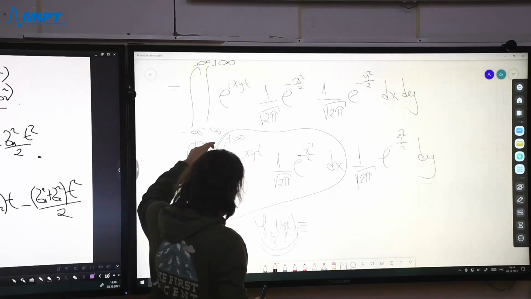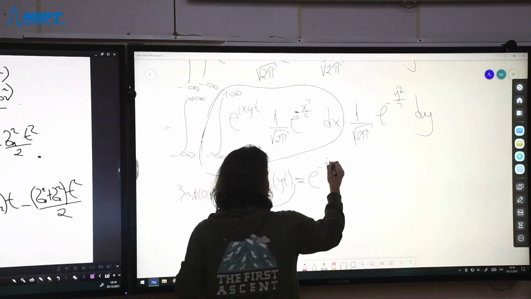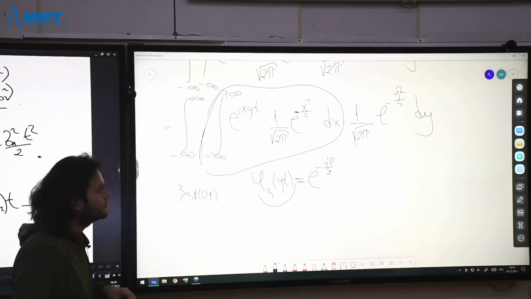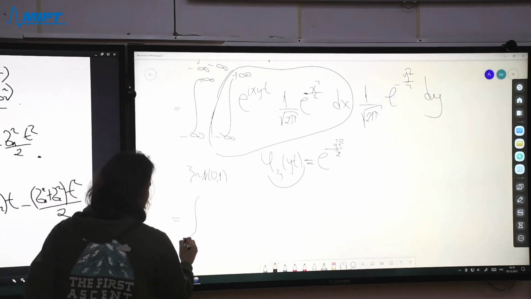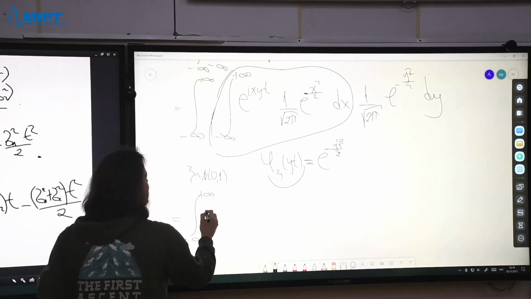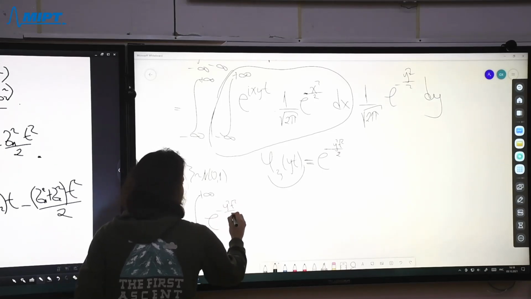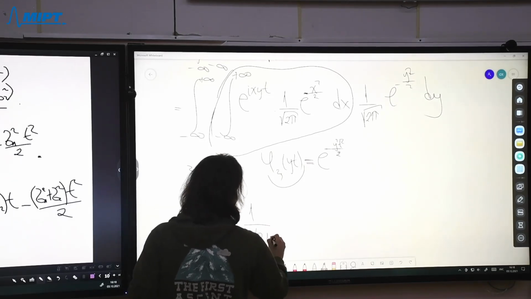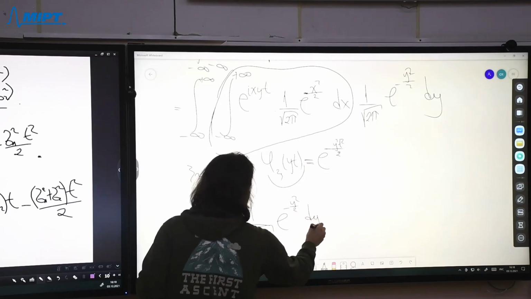So this is e to the minus y squared t squared over 2. We get the integral from minus infinity to plus infinity of e to the minus y squared t squared over 2 times 1 over the square root of 2 pi e to the minus y squared over 2 dy.